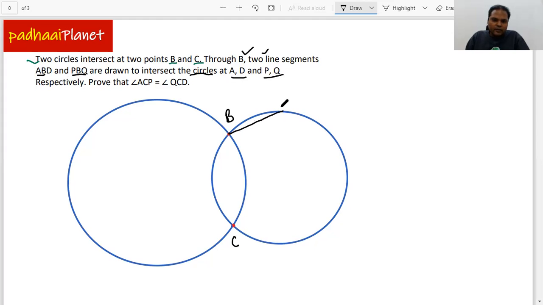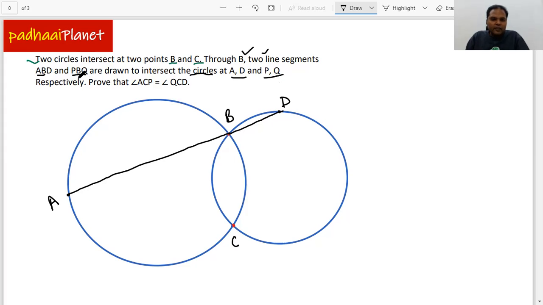Say this is BD, and we extend this towards this, and so this is A. So this is how we have got this line segment A, B, and then D.